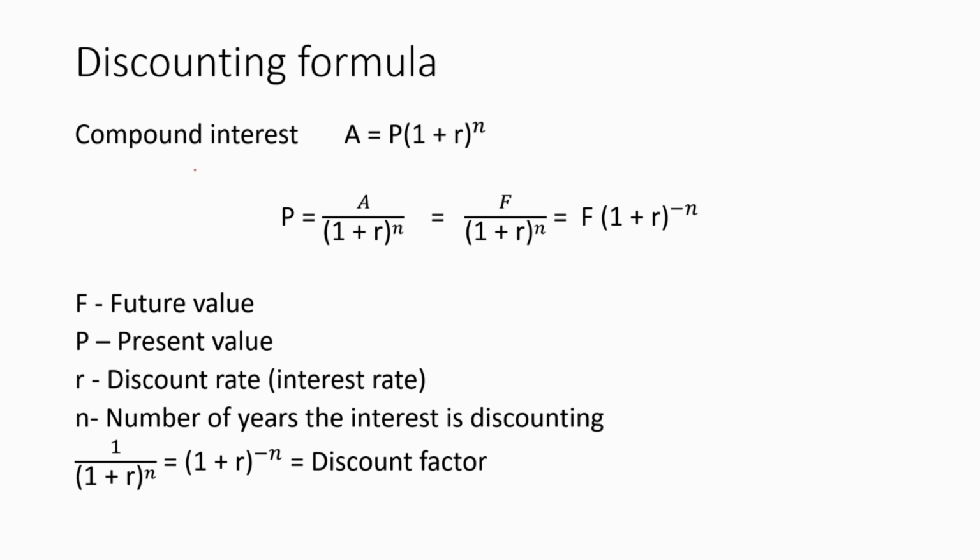Now let's discuss the discounting formula. If you can remember simple and compound interest, we discussed this formula, which is A equals P times (1 plus R) to the power of N. Now what we have done here is we have reorganized this equation to this, which is P equals A over (1 plus R) to the power N. Now this equation will calculate the present value using the future value, and the interest rate here will act as the discount rate.